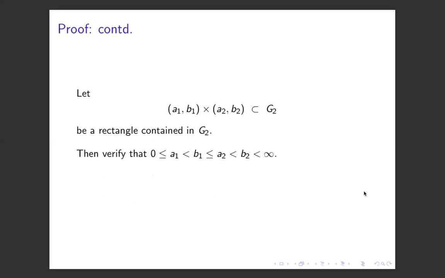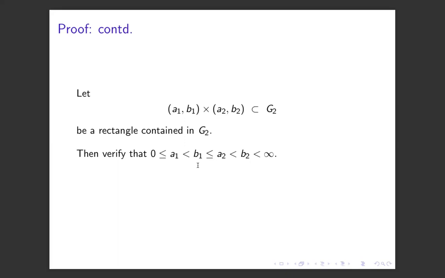Then, as we have seen in that small sketch, you can verify that A1 can possibly be 0, with 0 less than or equal to A1, strictly less than B1. B1 can possibly be equal.